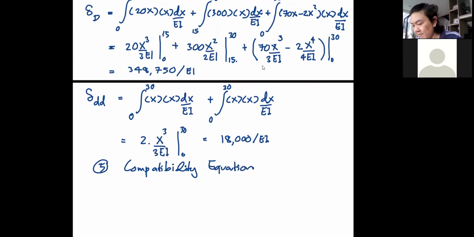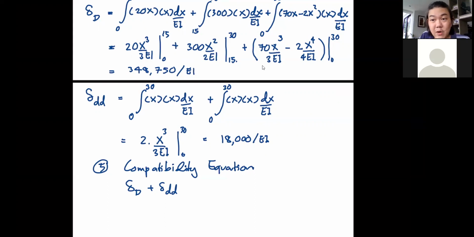And now we have delta D plus delta DD, because delta DD is caused by the unit load.